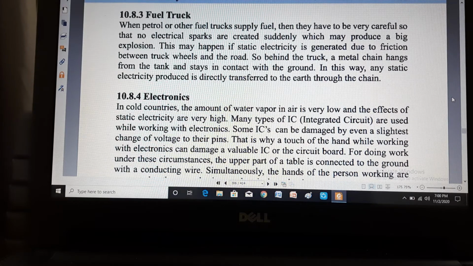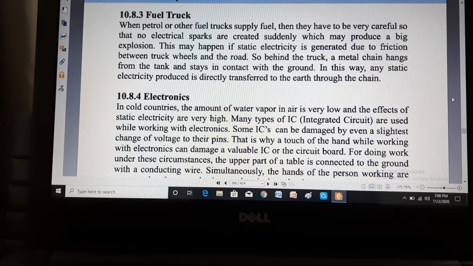The answer is, when petrol or other fuel trucks supply fuel, they have to be very careful so that no electrical sparks are created suddenly, which may produce a big explosion. This may happen if static electricity is generated due to friction between the truck wheels and the road.